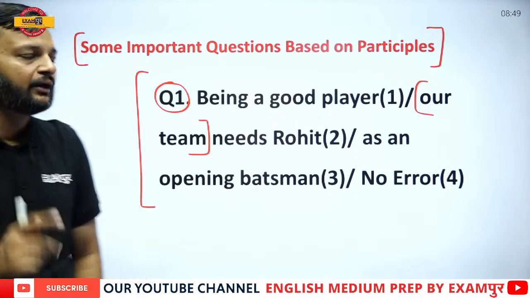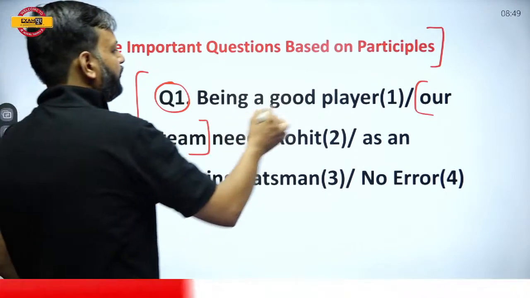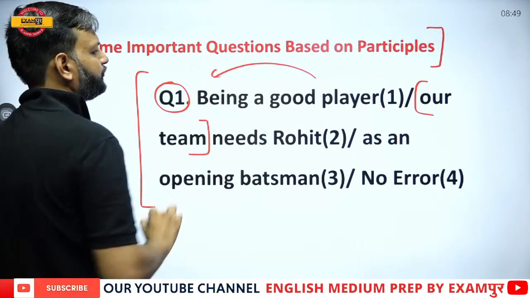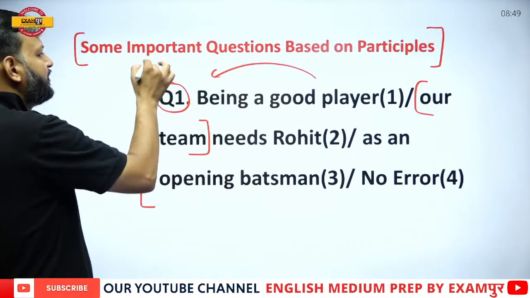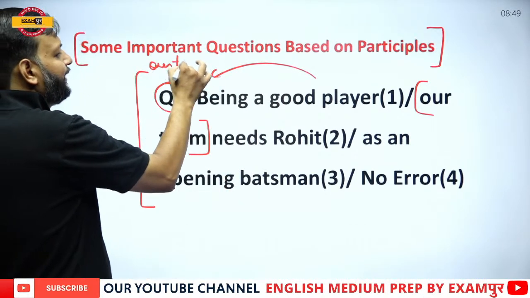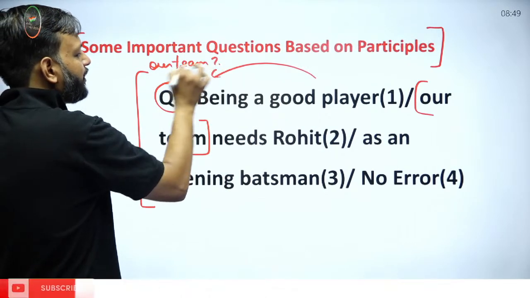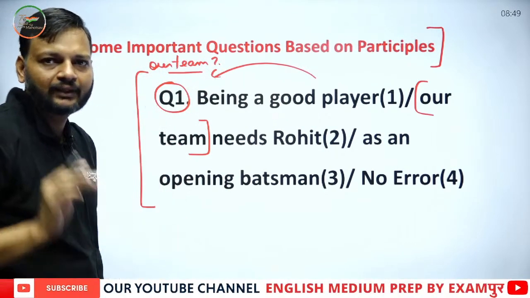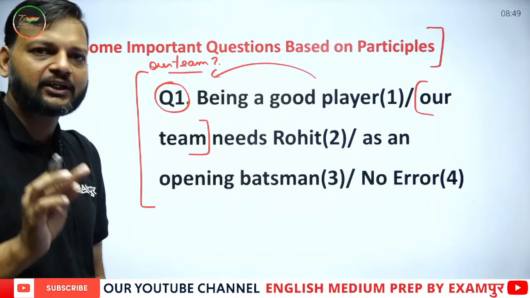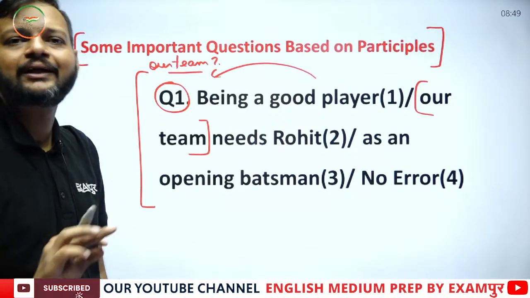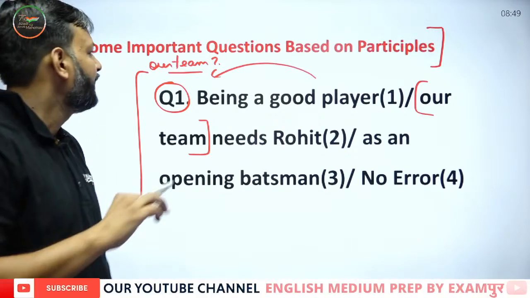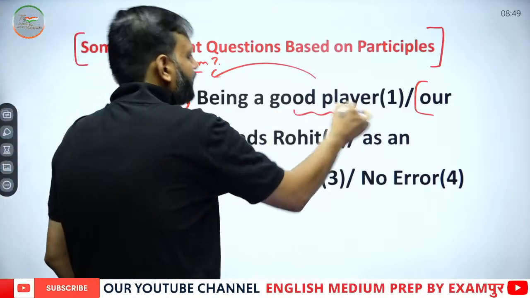Now, what is the subject of the first clause? Is our team the subject of the first clause? No, it cannot be, because our team cannot be a good player.